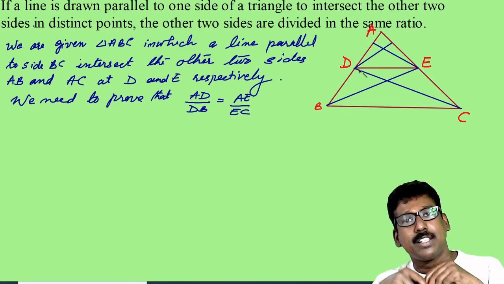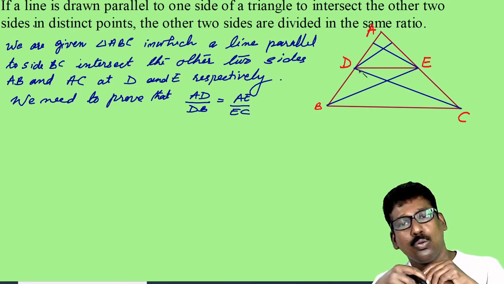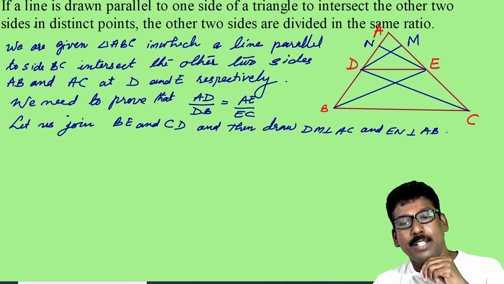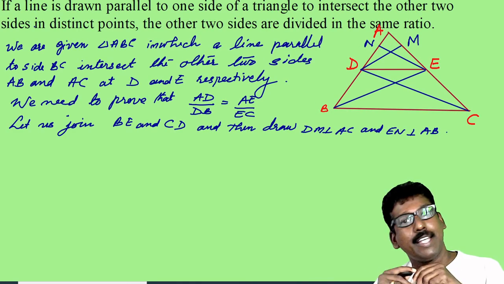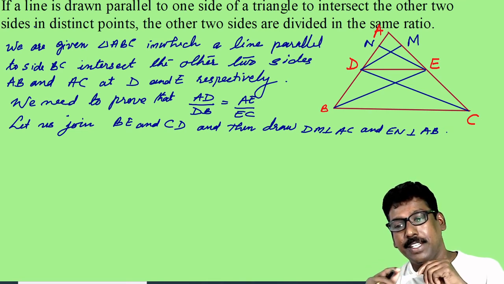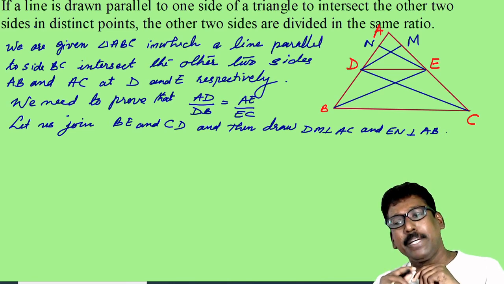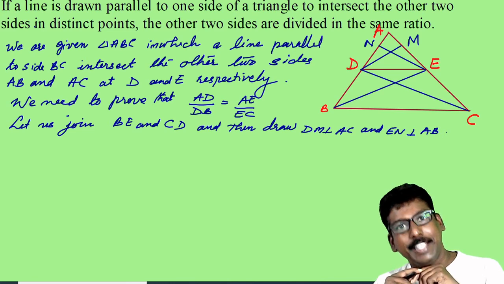These are the constructions you need to do to prove this theorem. So we can write: let us join BE and CD and then draw DM perpendicular to AC and EN perpendicular to AB.